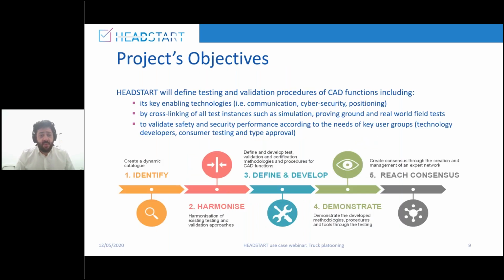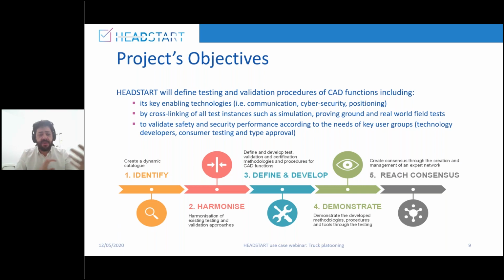Moving on, what are the objectives of HEADSTART? So our main vision is to define testing and validation procedures of connected and automated driving functions. But we are also taking into account what we call the key inherent technologies that were already introduced by Jaco, which for us are communications, cybersecurity, and positioning.